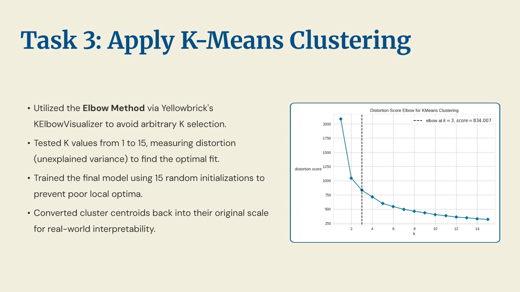So as k increases, distortion always drops, but using the elbow and the distance to the line, we can calculate its score, which you see in the top right. And this score will have been the least out of all of these, or at least it'll have the least increase as k increases.